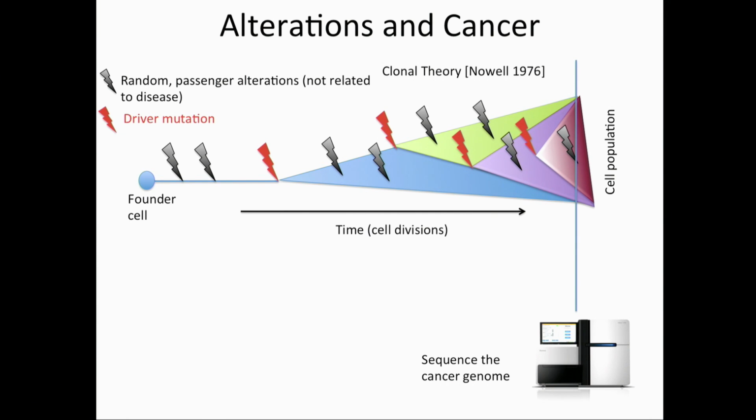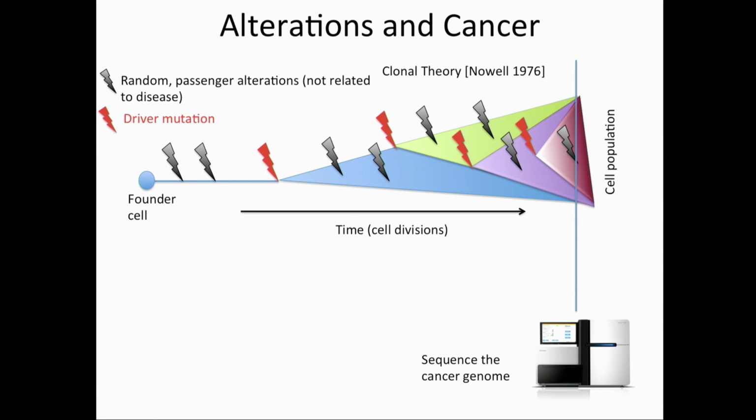And when the cell is hit by this driver mutation, then there is a population of cells that contains all these mutations, and this population of cells over a long time will accumulate more mutations. Most of them will be random mutations that do not really matter for the disease, while some other mutations confer, again, more advantage to the cell.